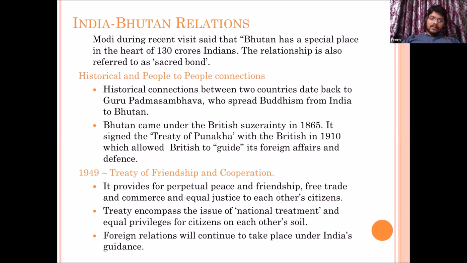Bhutan is anyway a very small part, so the British Empire signed a treaty with them called the Treaty of Punakha in 1910. According to this treaty, Bhutan became a protectorate state. That means all foreign affairs and defense would be dealt with by British India, and internally the king would rule Bhutan. So that is the agreement signed in 1910, a colonial kind of relationship.